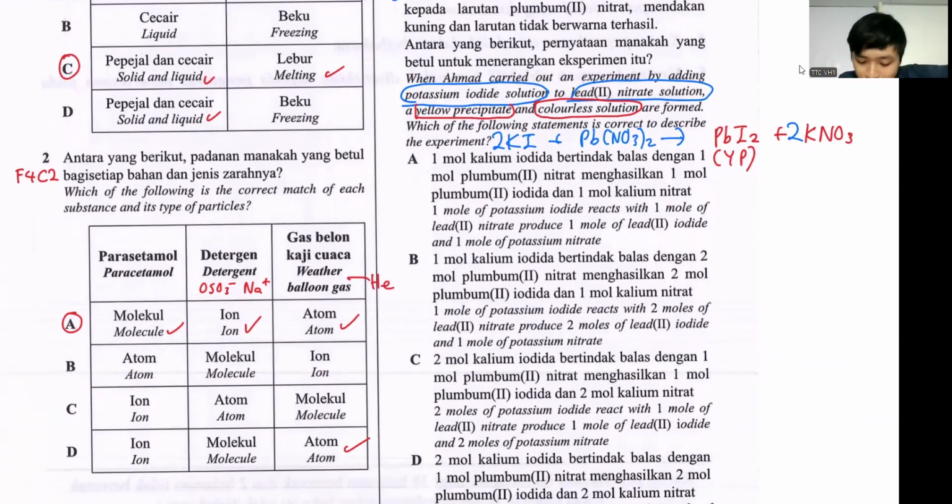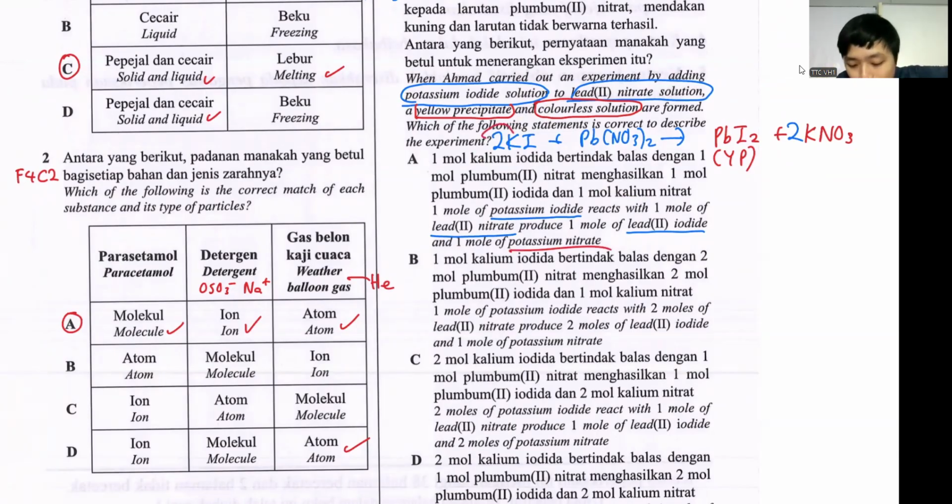In this case, A: 1 mole of potassium iodide reacts with 1 mole of lead(II) nitrate to produce 1 mole of lead(II) iodide and 1 mole of potassium nitrate. Wrong. That's why I told you writing down the equation is important, because it's not everything 1, 1, 1. It looks correct, but the number is wrong.